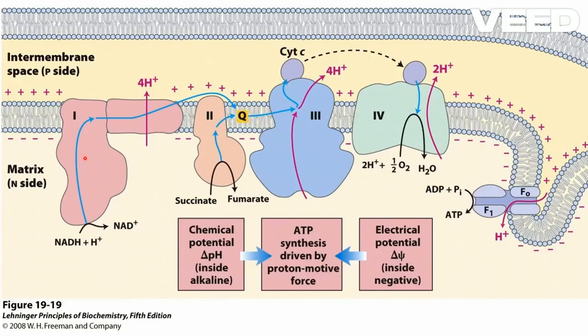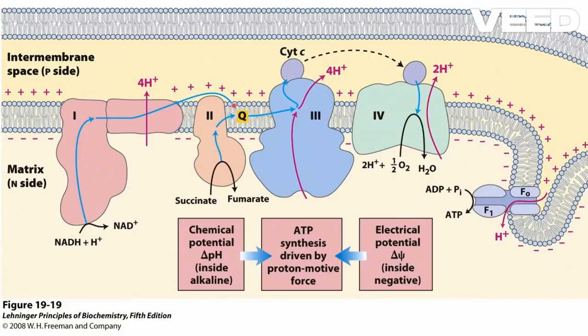But as we know, nothing wants to be in a higher energy state because everything wants stability. As we all want stability in life, these complexes also want stability. So to achieve this stability, it will transfer this electron to ubiquinone.